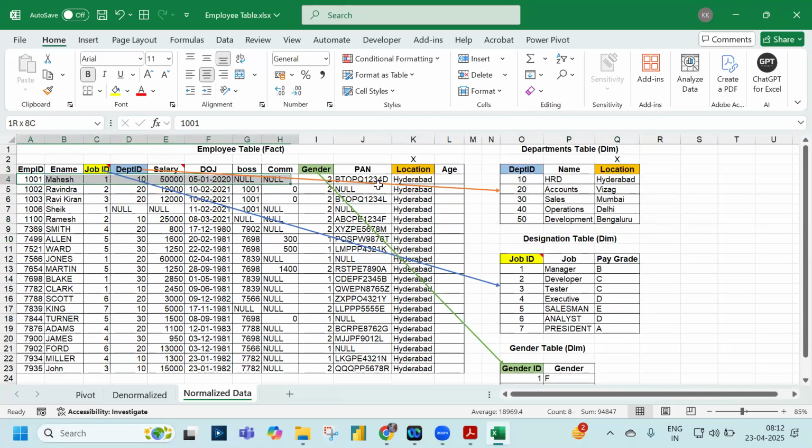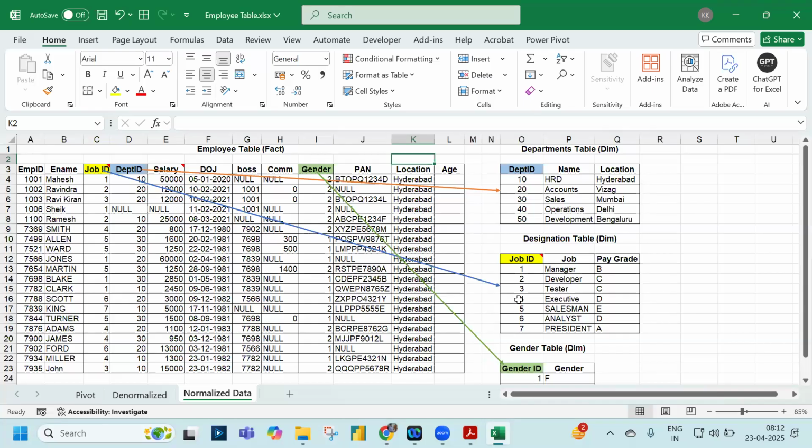Because here it is the employee location, address or employee city, and this is the department city. So do not consider this as a common key or common column between these two. I'm just taking it off. Location is not the correct one, but the rest of the things are correct. They are the common keys.